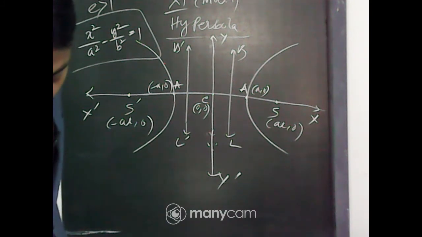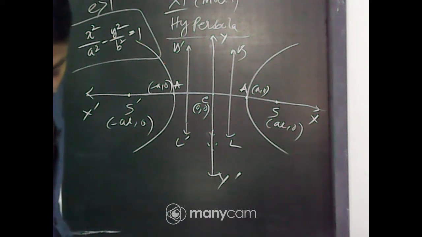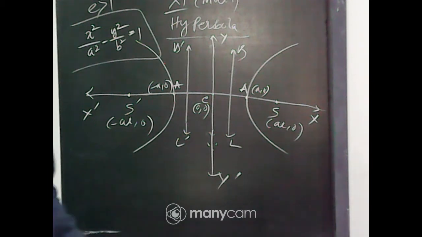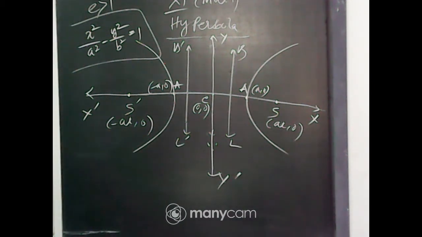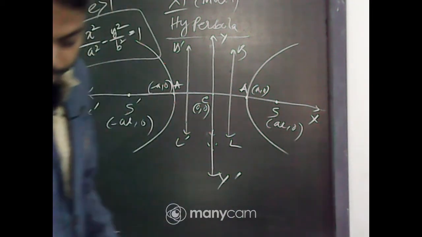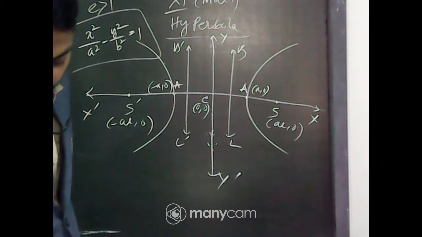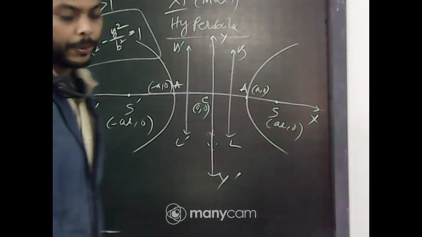There are two directrices. Can you tell me the equation of directrices? I am waiting.